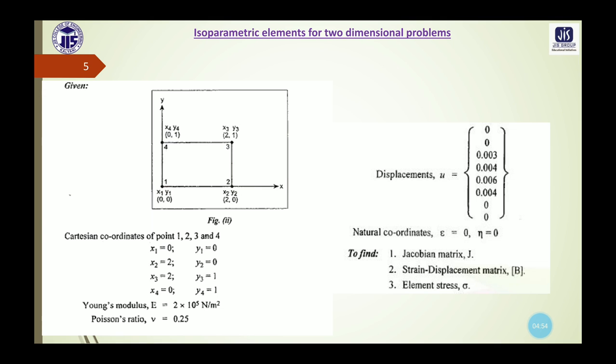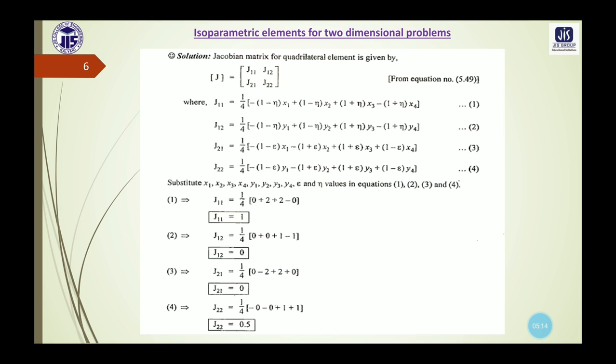So these are the values of the parameters given in this numerical, and we need to find the Jacobian matrix, then strain displacement matrix and the element stress. So let us start the procedure to solve these three different things.